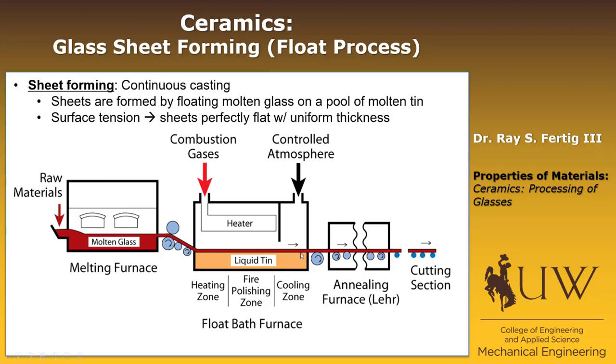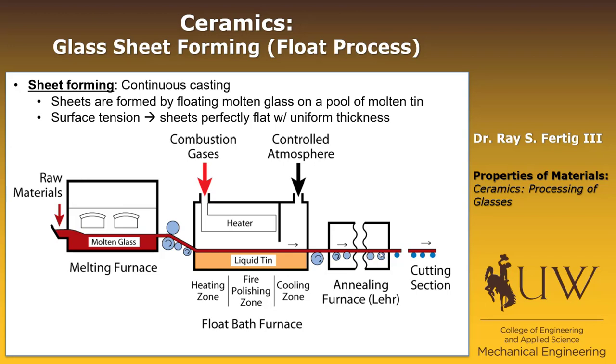And the reason that this is an important process is that it gives us sheets that are perfectly flat with uniform thickness because of the surface tension in the glass. So this is how sheet glass comes about today. I think in the olden days we used other techniques like drawing and pressing, but this is how it's done currently.